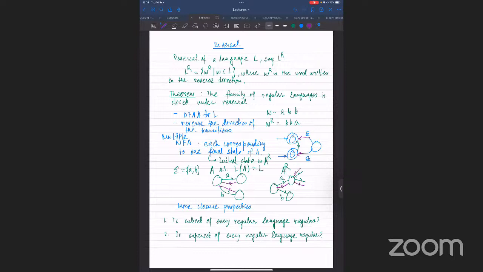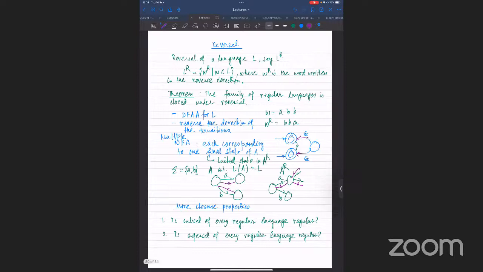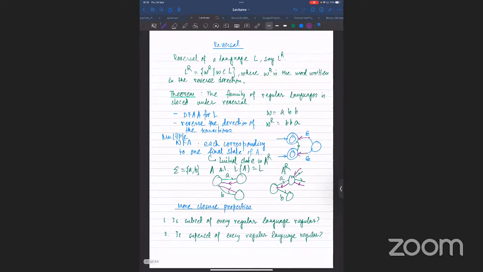So for example, incoming transitions will always be the full set on all the letters, but the outgoing transitions may not be on all possible letters. So it will not give you a DFA. What you are going to get is an NFA. But we know how to transform this, at least for this part, easily. Whenever some letter is missing, you can add that letter and go to a trap state, right? It's a trap state, correct? Clear?